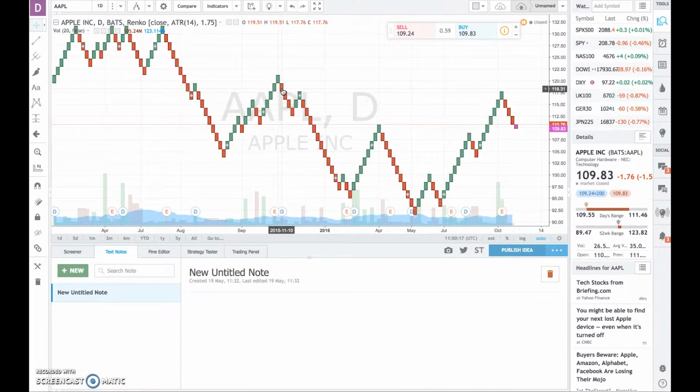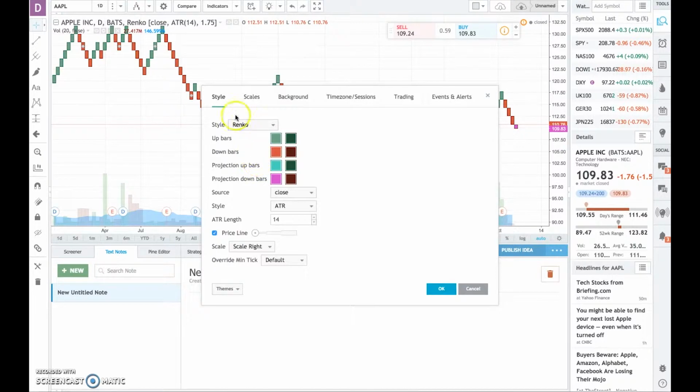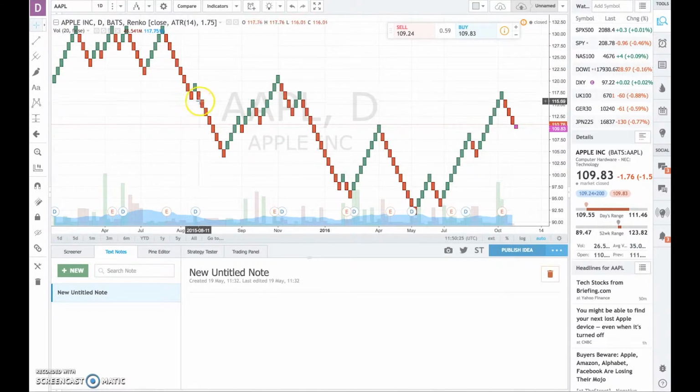The great thing is you can preset all the parameters of what you want your Renko chart to look like, depending on the stock. With Apple, a movement of $1.75 is pretty common because it's a high value stock, whereas for other stocks worth only $5, you might set your Renko block at just 5 cents or 10 cents.